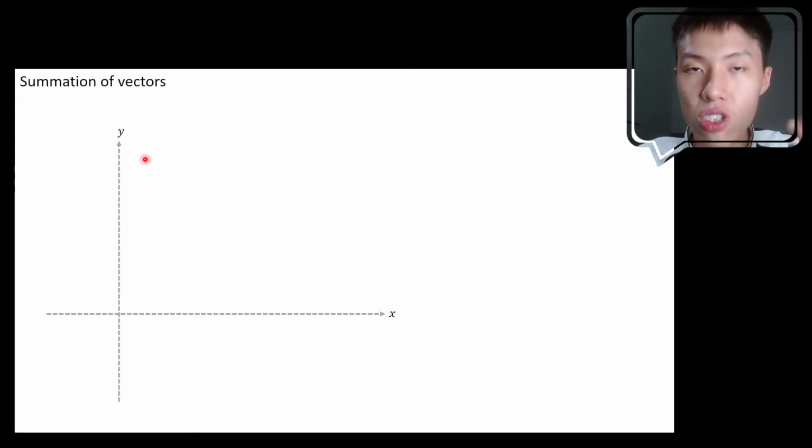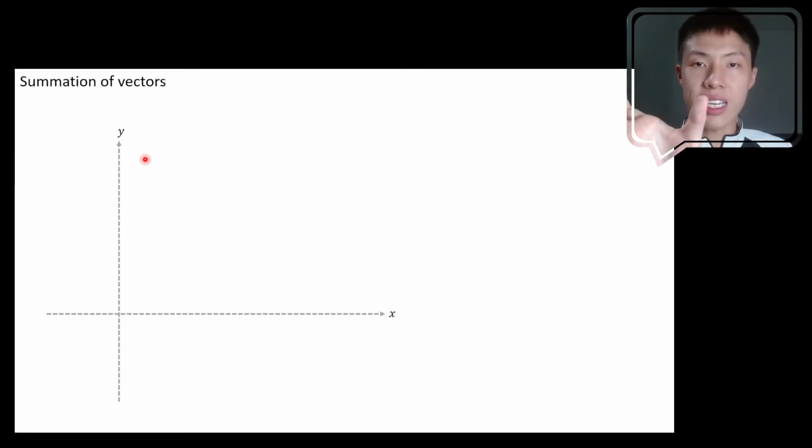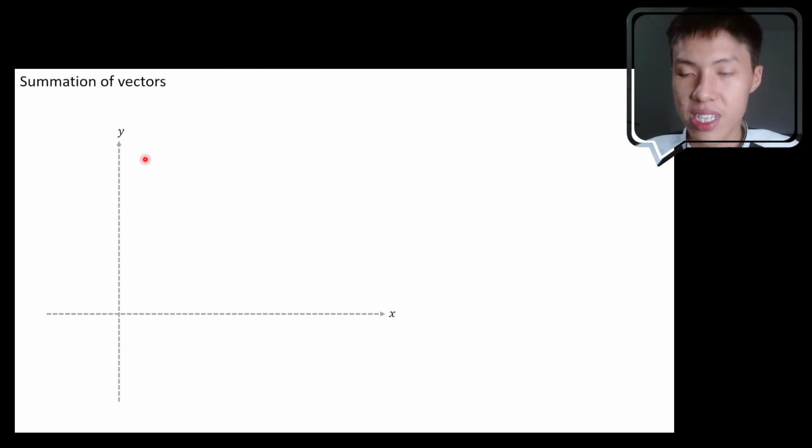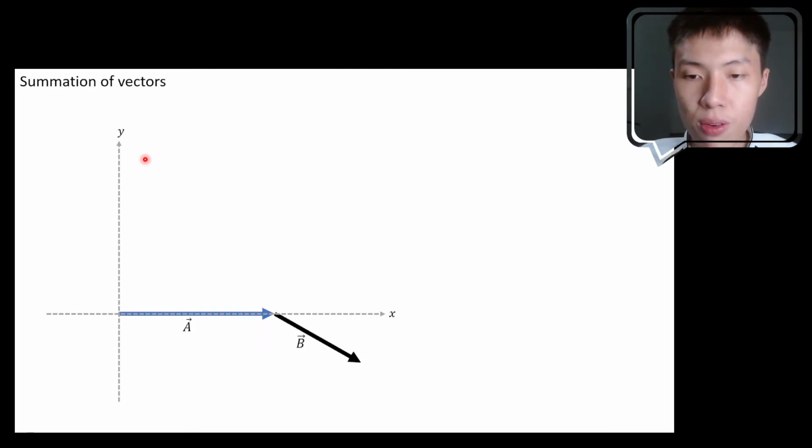But if you're doing it geometrically, we should do it like the nasi lemak and the lake example just now. We take one vector, follow up with another vector. But in this case, there's 4 vectors. So we take one vector, followed by another vector, followed by another vector, just like this. A, followed by B, followed by C, followed by D.